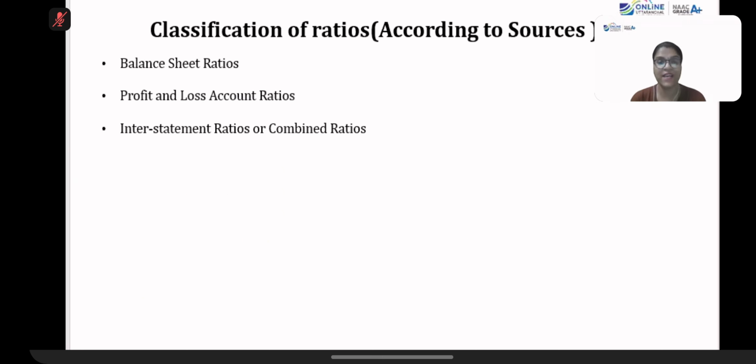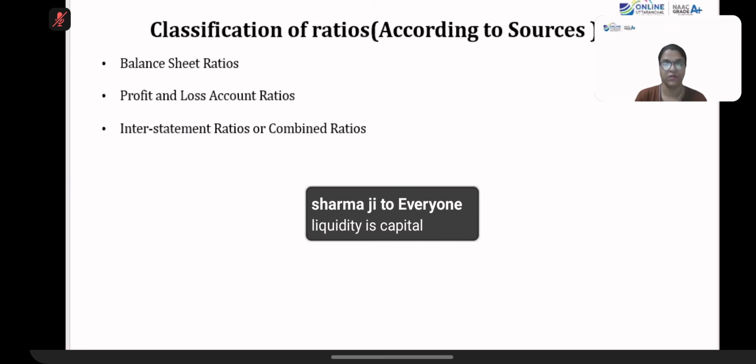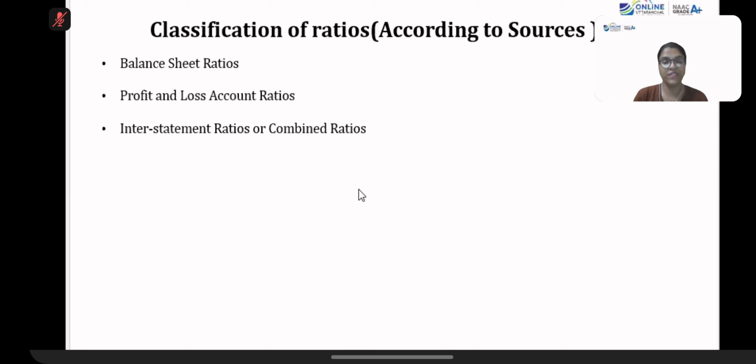Different types of ratios that we have according to the sources. Balance sheet ratio: that means both the variables, both the numbers for calculation of ratios would be from balance sheet. Profit and loss account ratio means those ratios where both the variables would be from the profit and loss.